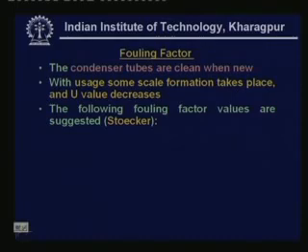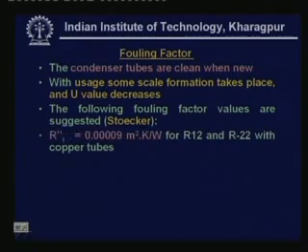So we have to know what this fouling factor is, and what is generally done is, at the time of design itself, even though new tubes do not have any scale formation, we take account of the fouling factor and use some fouling factor to estimate the overall heat transfer coefficient. Stoker has suggested the following values for fouling factors.